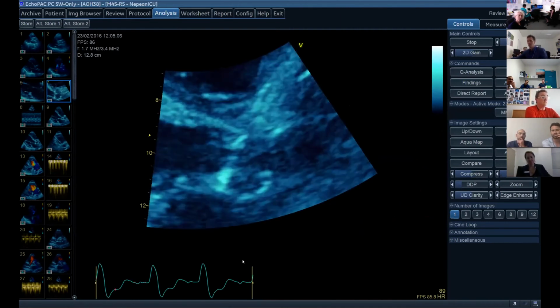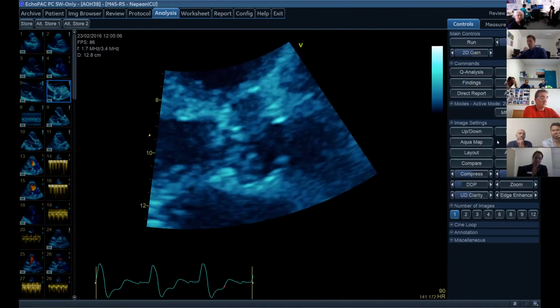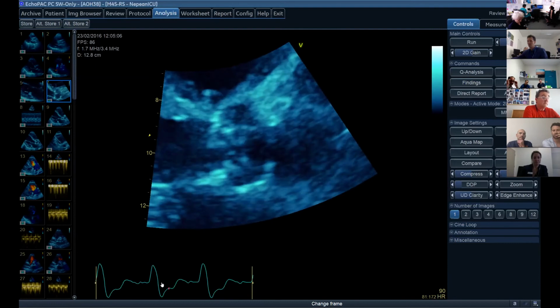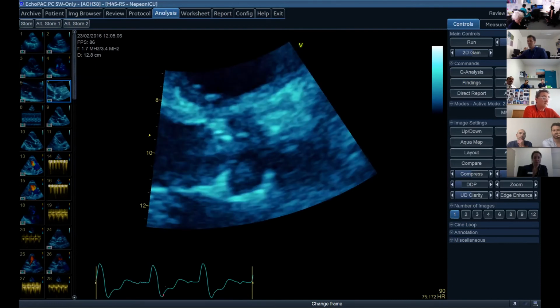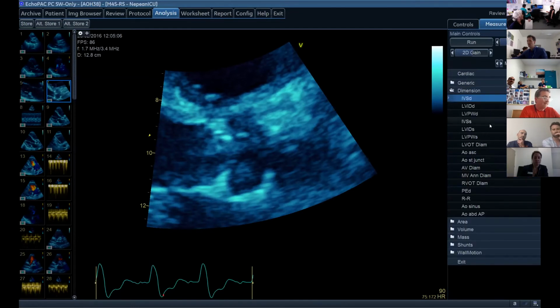You want a couple of cardiac cycles to play around with, and you want to find it at mid-systole. Find the best cardiac cycle you've got. I'm looking for the cusp insertion points. So if I go dimension, LVOT diameter, I'm going to go from one cusp insertion point to the other.